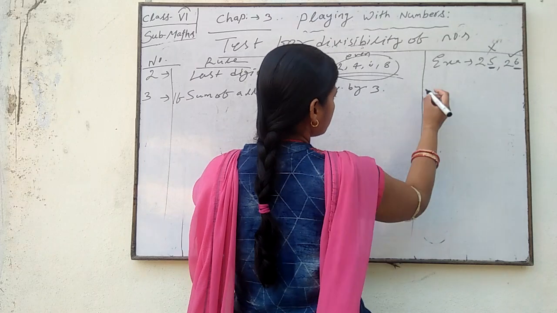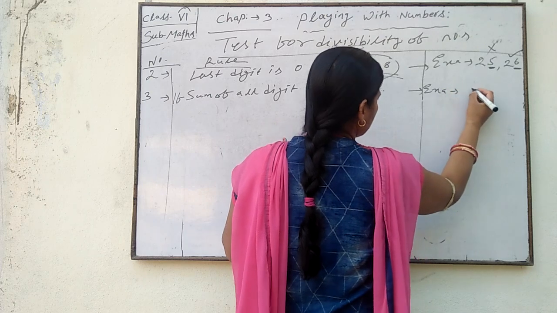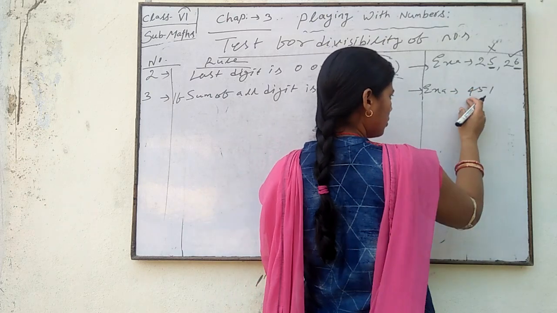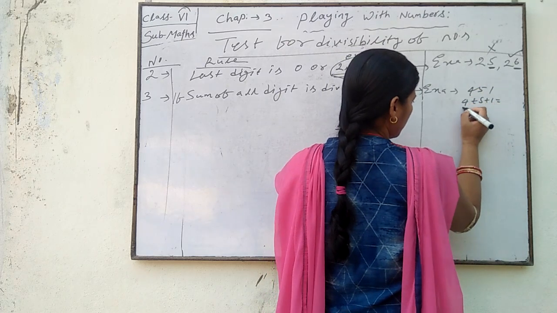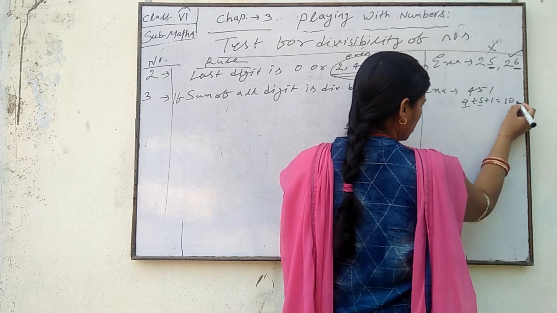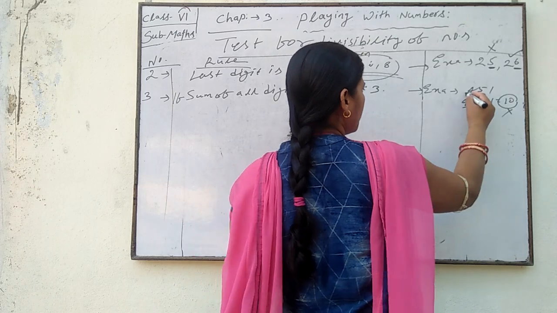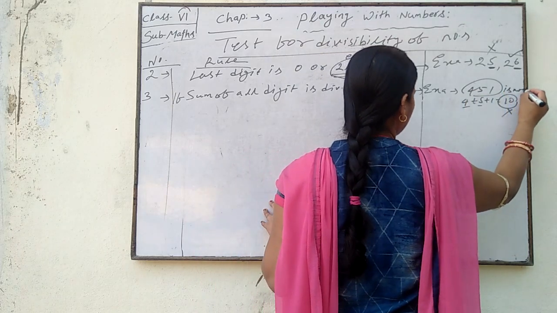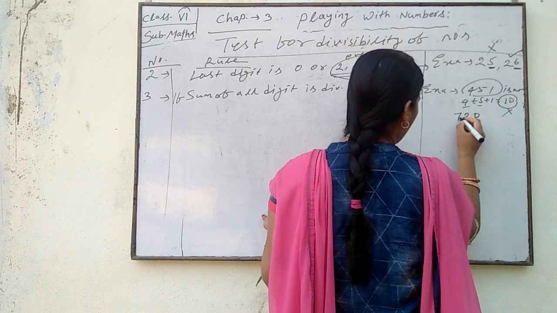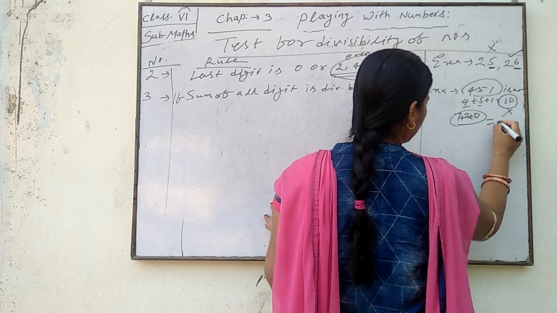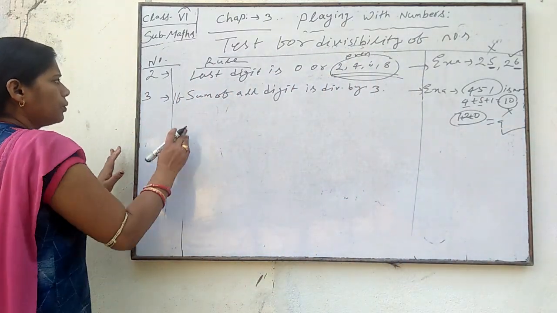Your examples: 451. Now add all the digits: 4 plus 5 is 9, plus 1 is 10. So 10 is not divisible by 3, so 451 is not divisible. Suppose 702. Now add all the digits, this is 9. 9 is divisible by 3, so this number is divisible by 3.